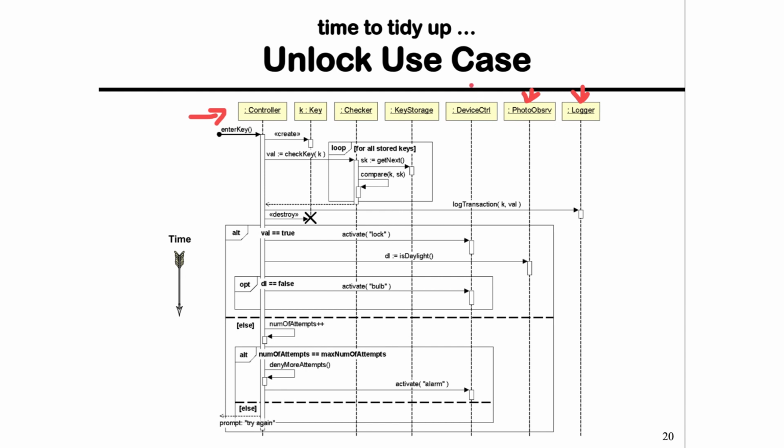Device control, as we already discussed, is an object responsible to open or lock or unlock the door. The key storage is where you check the validity of the key. It's kind of a database. Checker is another method or class that checks the validity of the key.